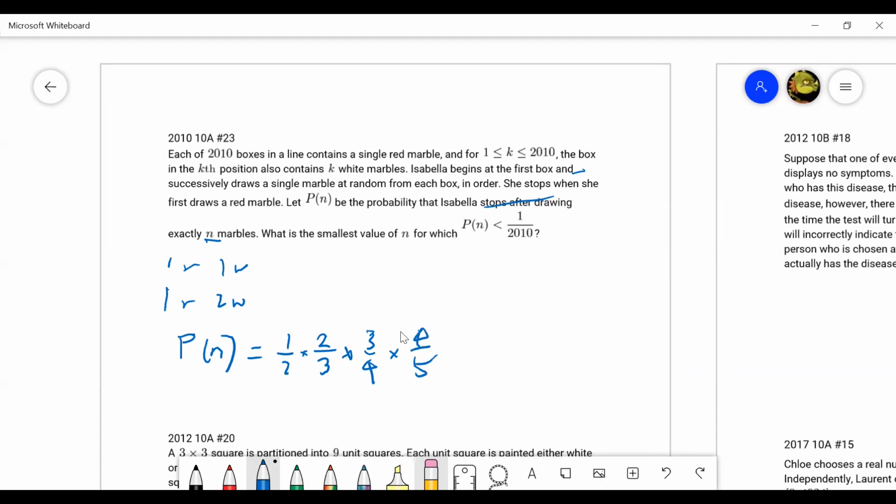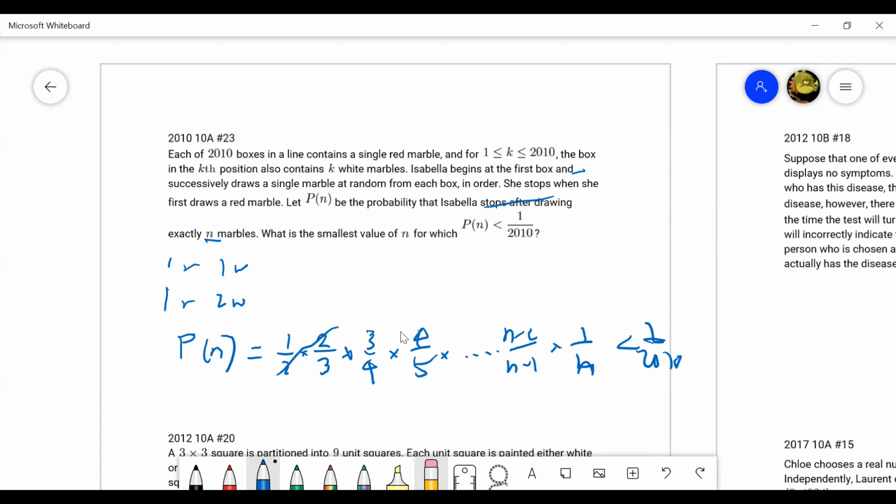Yeah, okay. So it probably will look something like this, where we get to times n minus 2 over n minus 1, and times 1 over n.